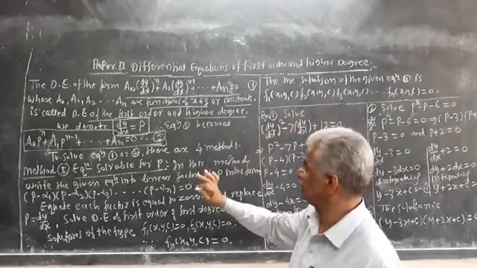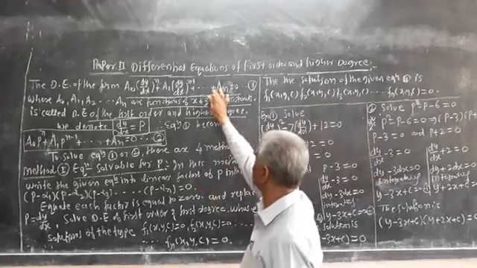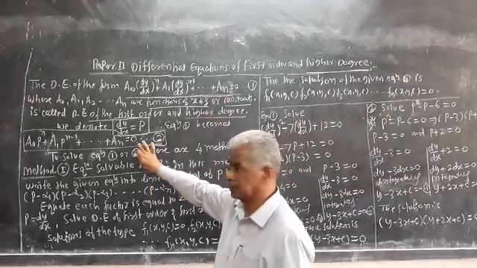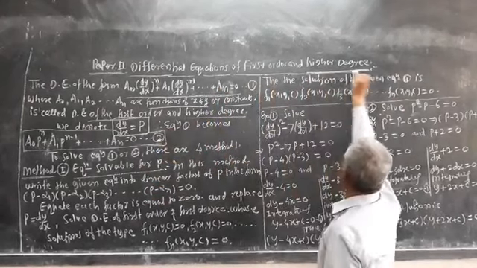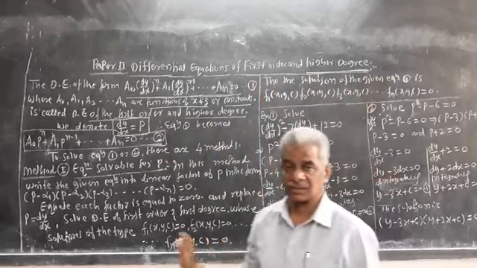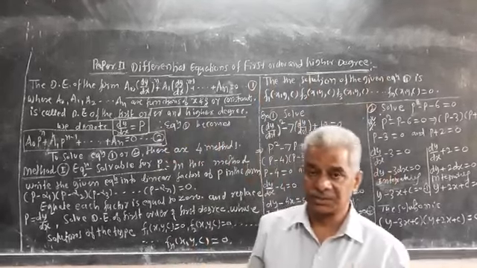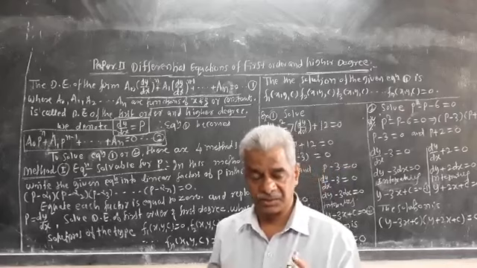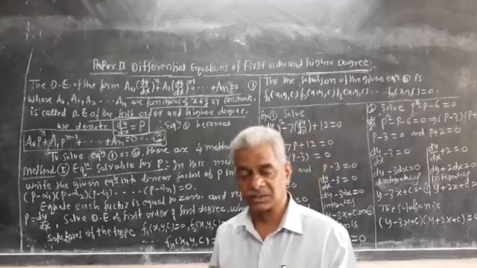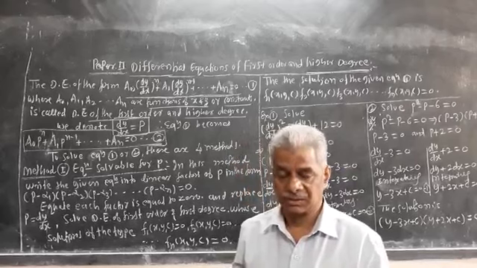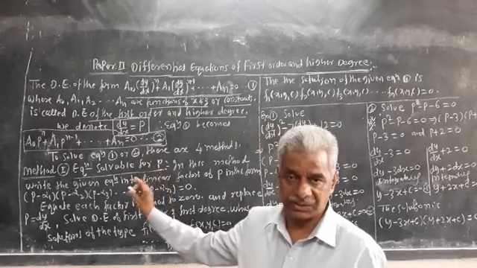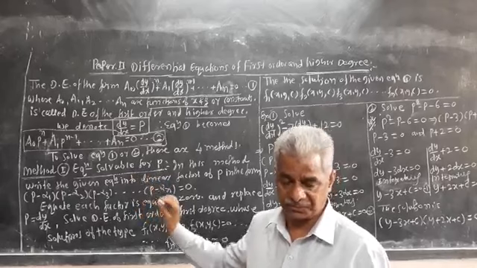Either such type of equation or such type of equation is called first order and higher degree. That is one, and the standard notation is dy by dx is p.